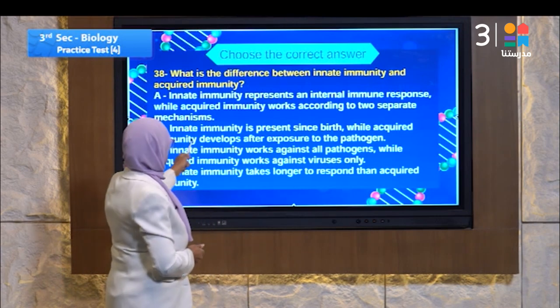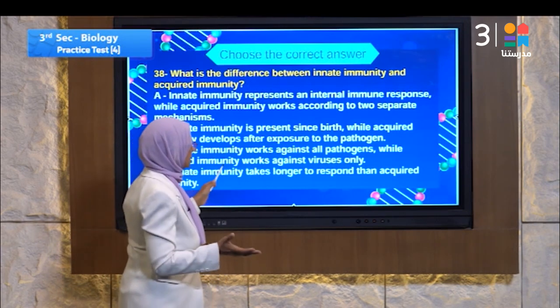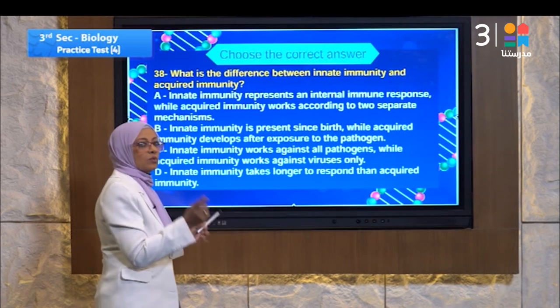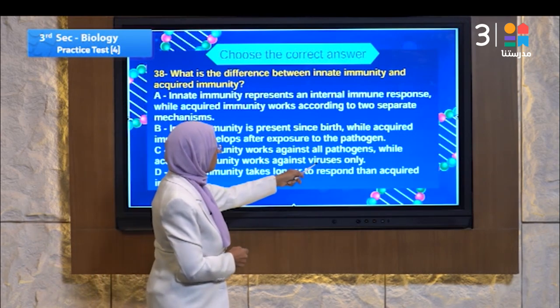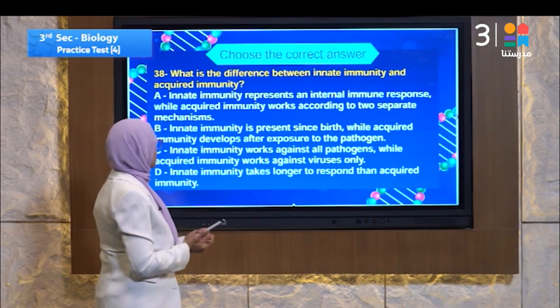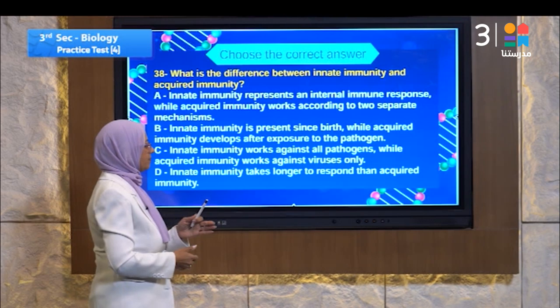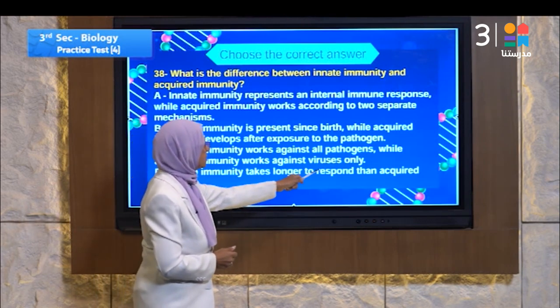While acquired immunity developed after exposure to the pathogen. Yes, yes. But we must read. Innate immunity work against all pathogen. No. Some pathogen cannot innate immunity go over them. While acquired immunity works against virus only.